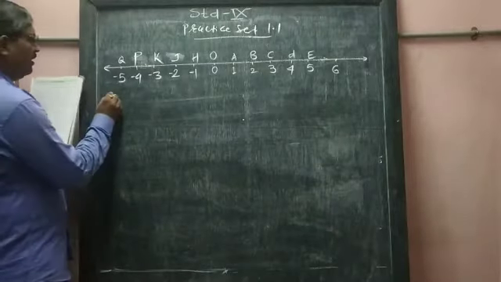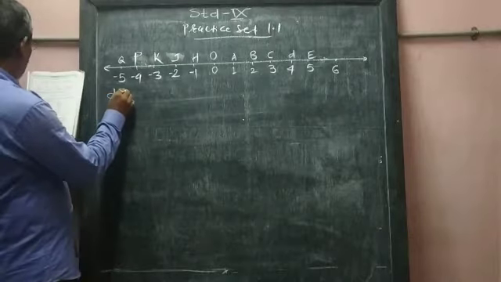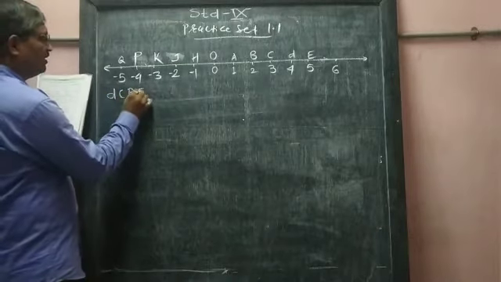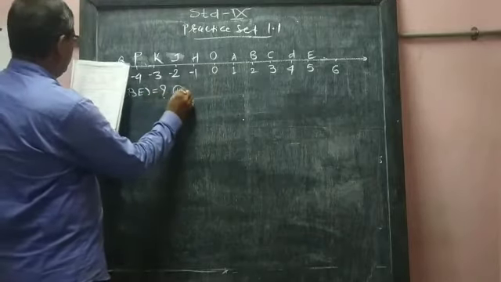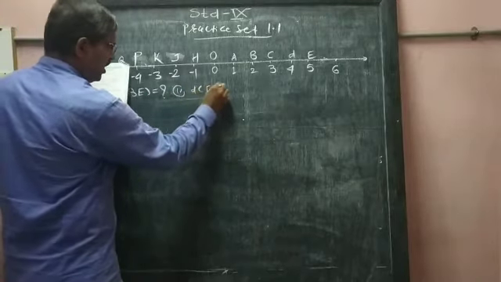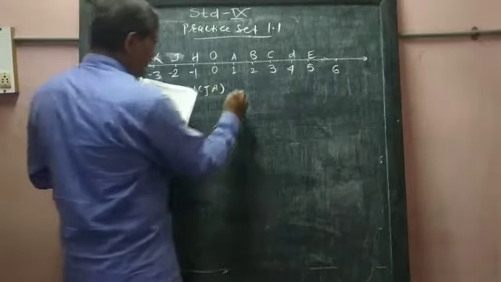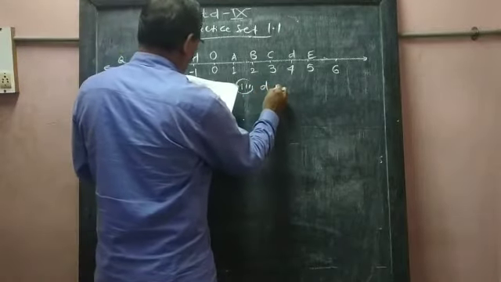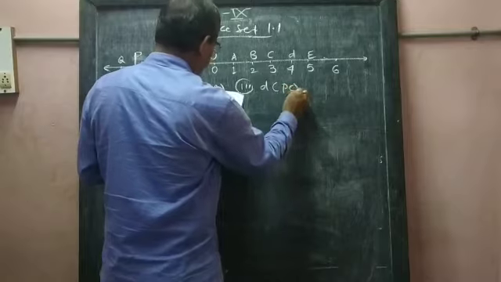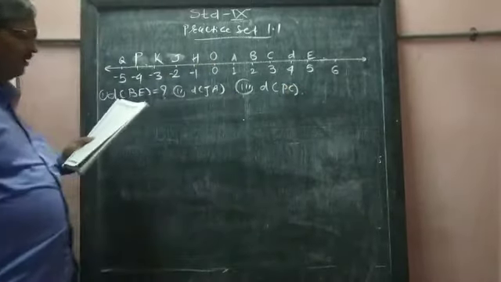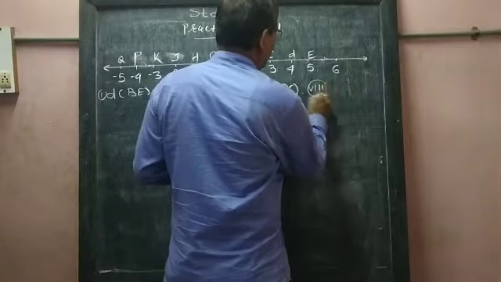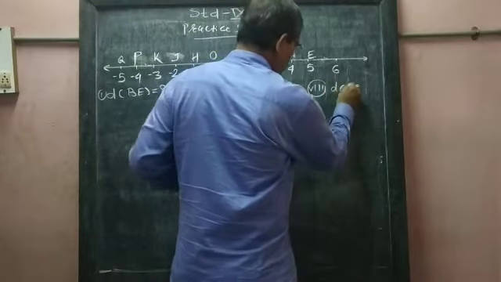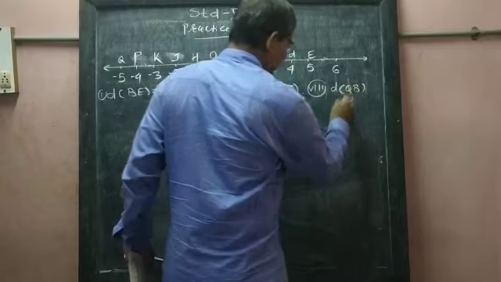Here you are asked how to find the distance between BE. Second is the distance between JA. Third is the distance of PC. There are totally 8 questions. This is very simple, so no need to solve all questions here.